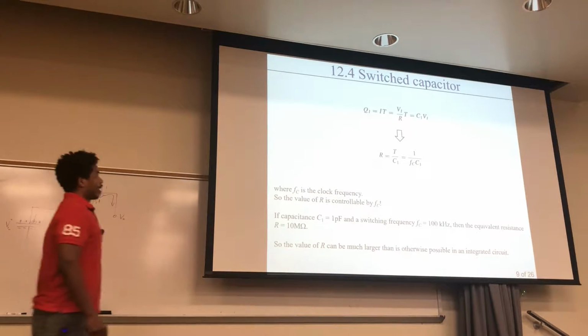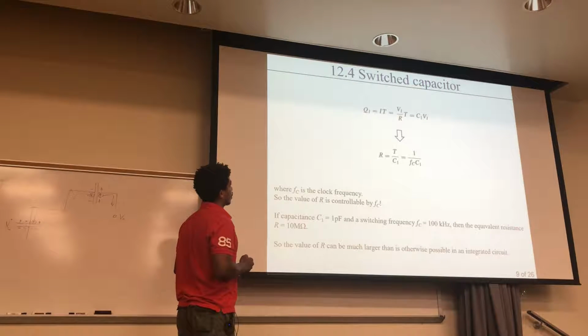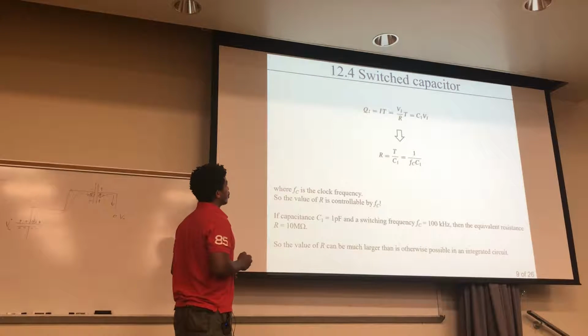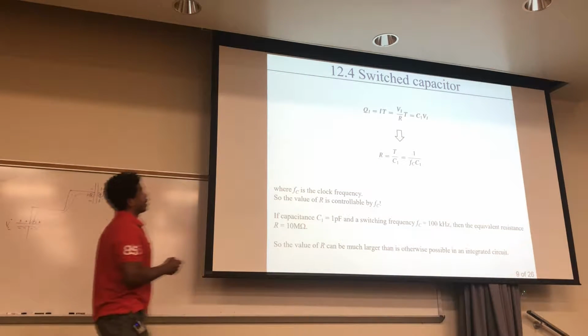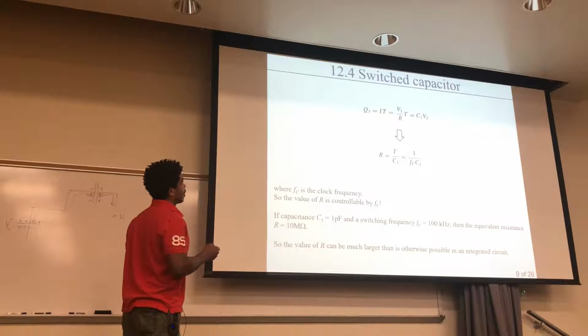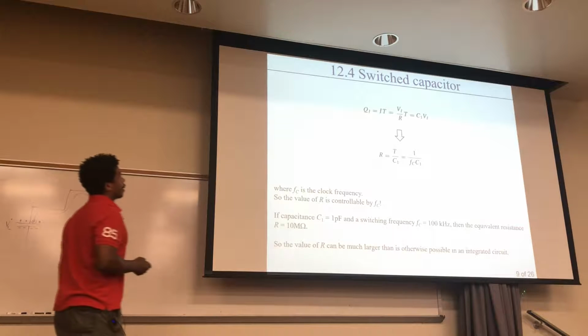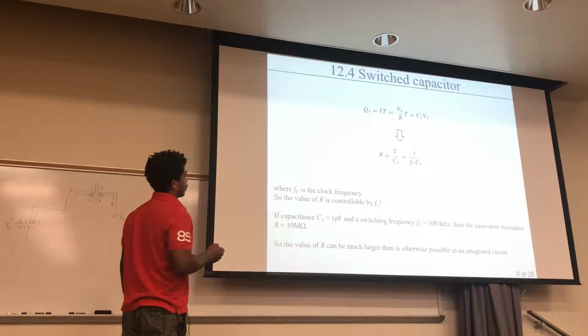Okay, so another way to think about this is this right here. This charge Q1 that accumulated right here has this current over this amount of time, and that current can be thought of as this voltage V over R, right? And also Q can be thought of as CV.